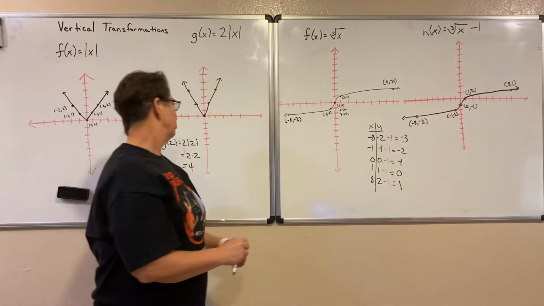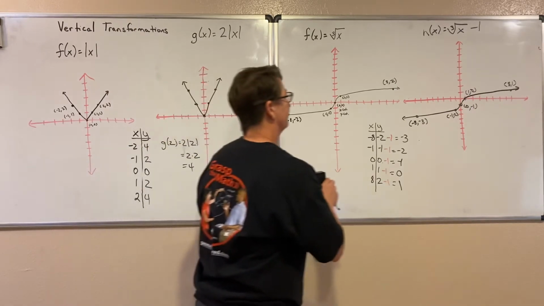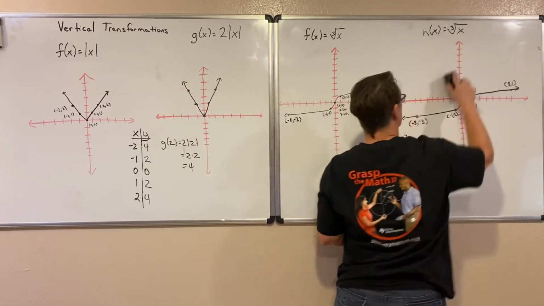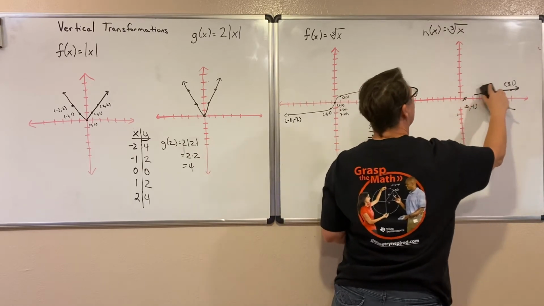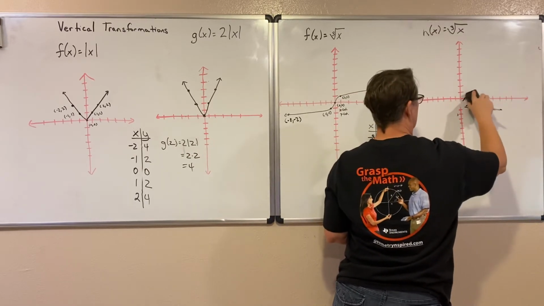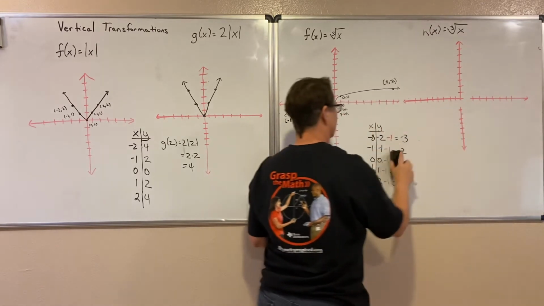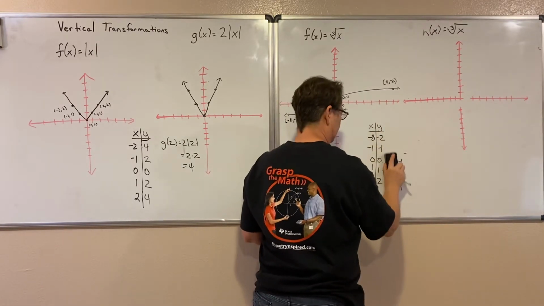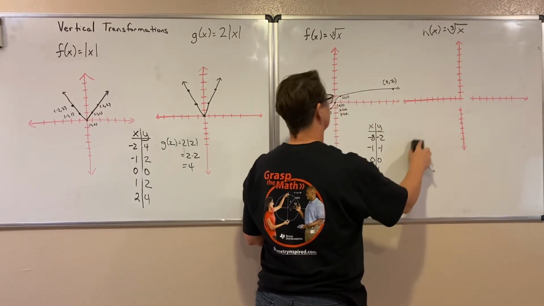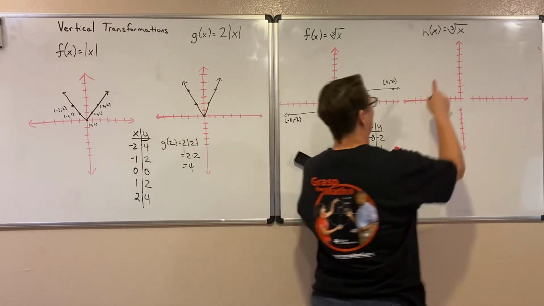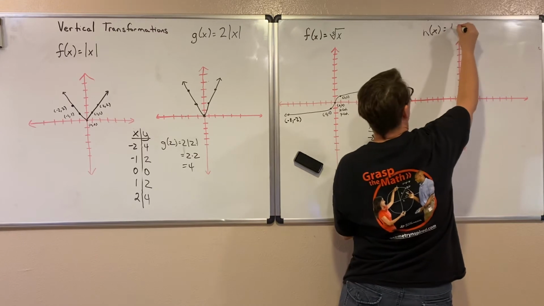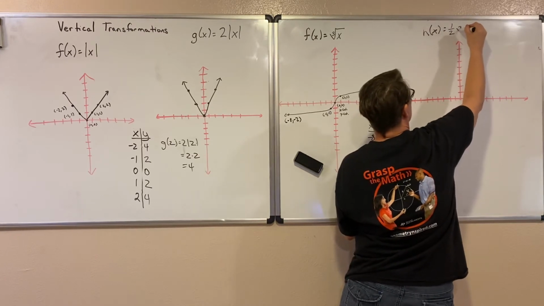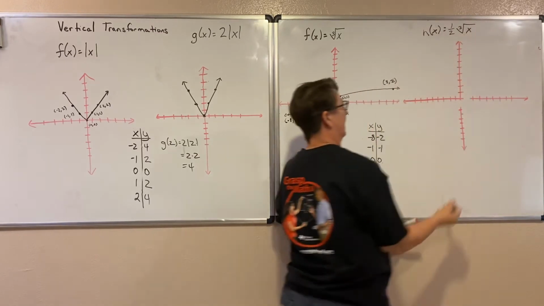So I'm going to do the same thing here. I'm going to create a new function, and this time I'm going to multiply the function by 1/2. So let's create a new function so that I have 1/2 times the cubed root of x.